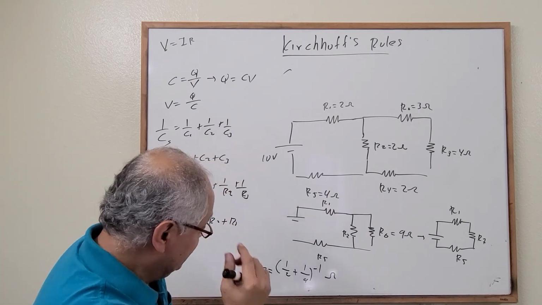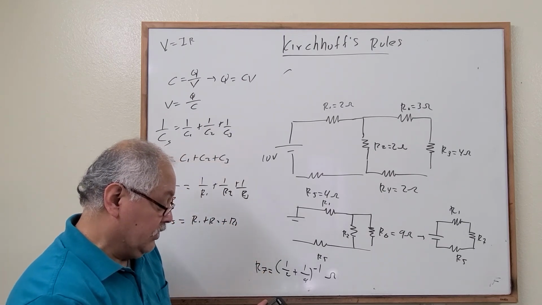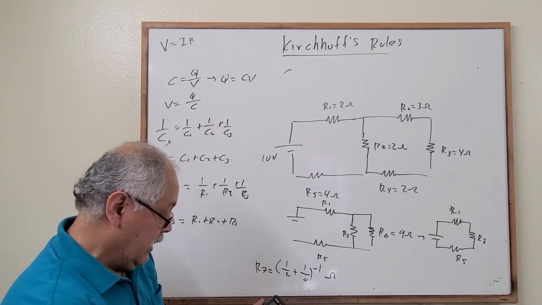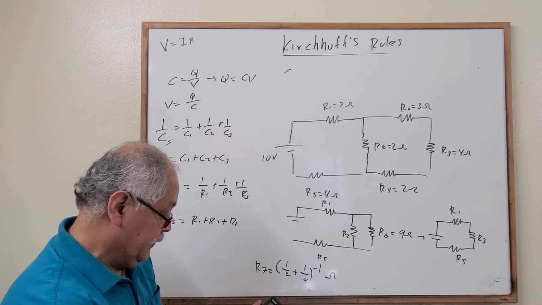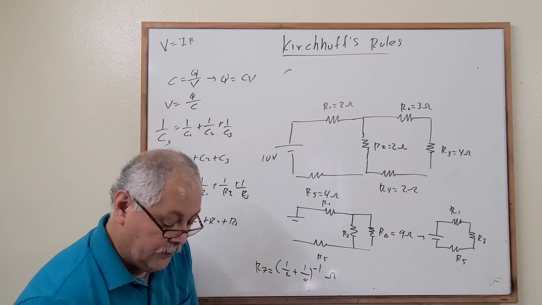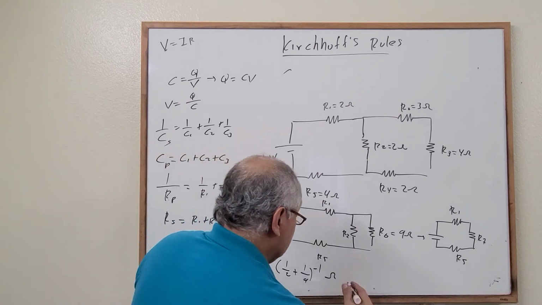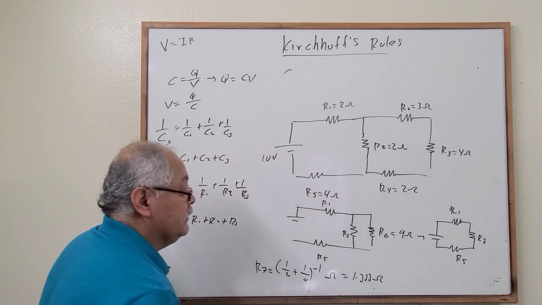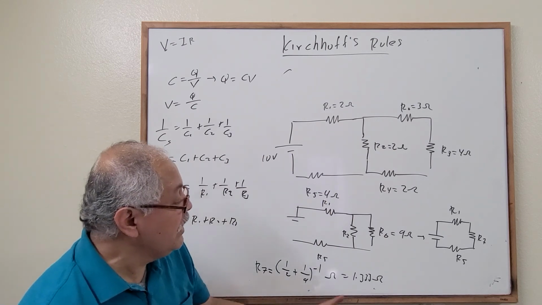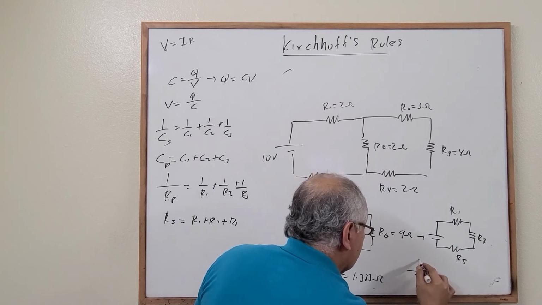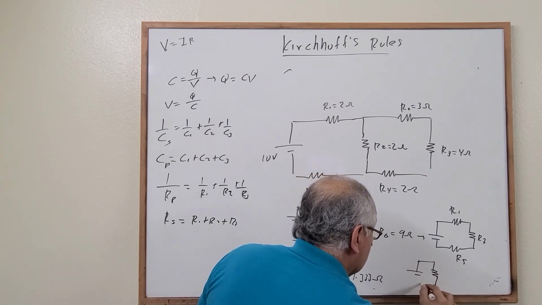Okay, let's do it. So what do we have? 1 divided by 2 plus 1 divided by 4. Okay, inverse equals 1.33. So this is equal to 1.333 ohms. Now what do we have? The equivalent resistance is only one, right?